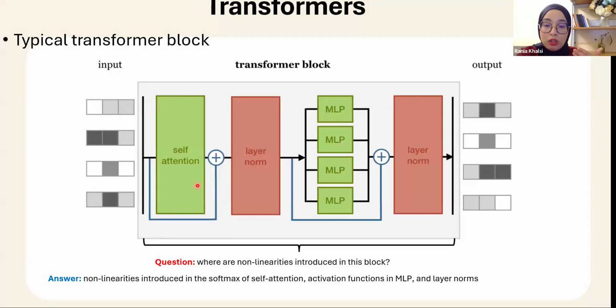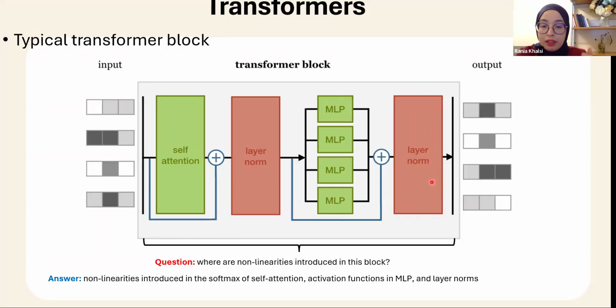That's not the only source of nonlinearity, because within the self-attention mechanism, activation functions appear in several internal steps as well. You also have the MLP, and the MLP also introduces nonlinearity, mainly through the feed-forward activations.